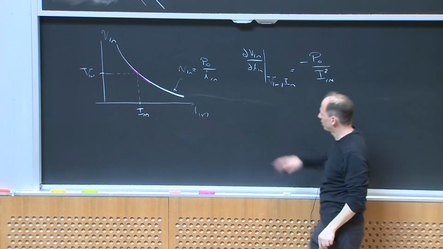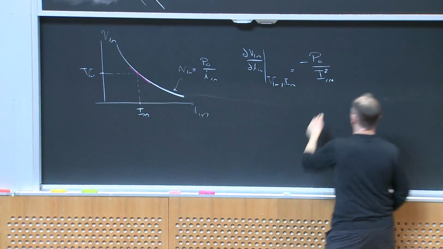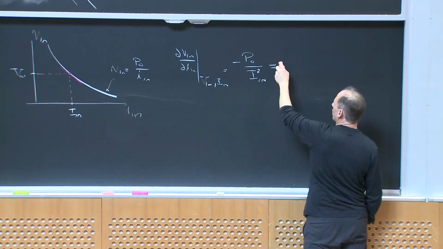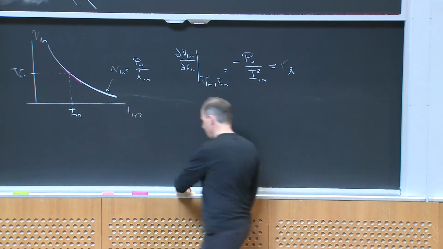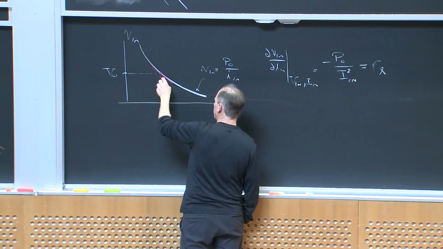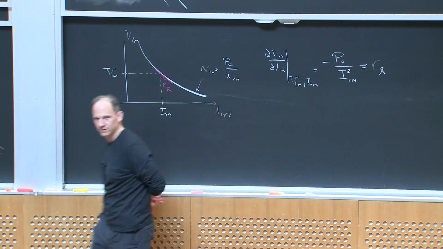All I did was differentiate this and evaluate it at the operating point. And this is equal to what I'm going to call R sub L. This slope is R sub L. Okay? Does that make sense to everybody?